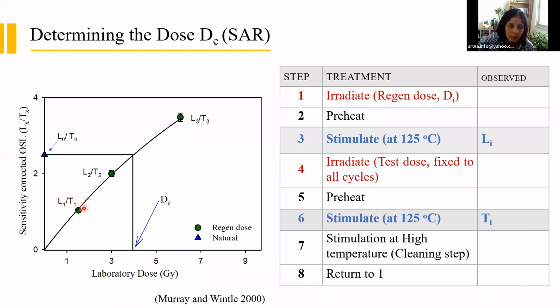With each regeneration dose, we apply the test dose and take the ratio between the signal emitted from the regeneration dose to the test dose. The equivalent dose is then interpolated from the curve, also by correcting to the test dose, and we have the equivalent dose calculated in this interpolation.